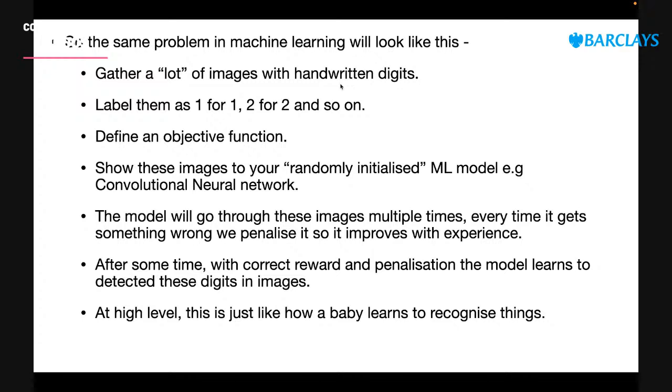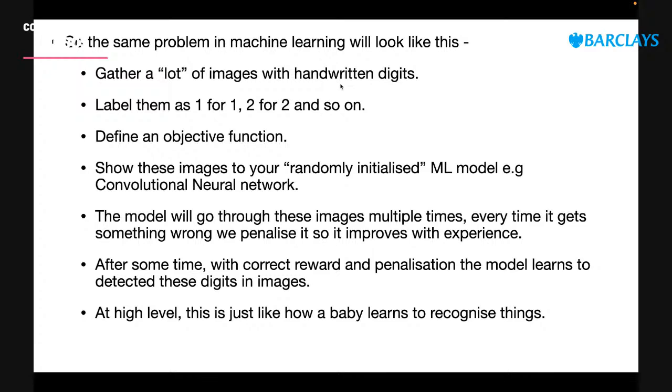Just as an example, if we want to train a dog, what we do is, if it does something wrong, I'll scold him, and if it does something good, I'll reward him. That's how we also train our machine learning model. In my CNN, what it has to do is get the best solution to that problem.